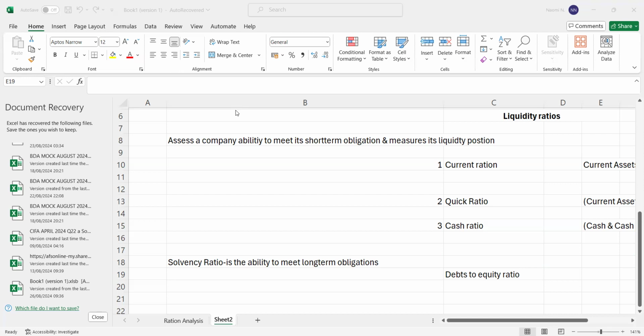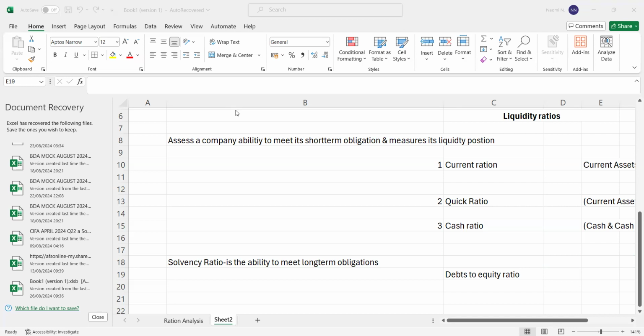So yesterday we were able to handle the liquidity ratio. Today we are going to handle the solvency ratio. And solvency ratio is just the ability of the organization to meet its long-term obligations.